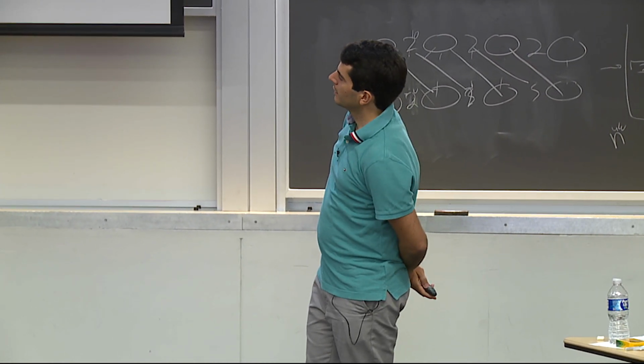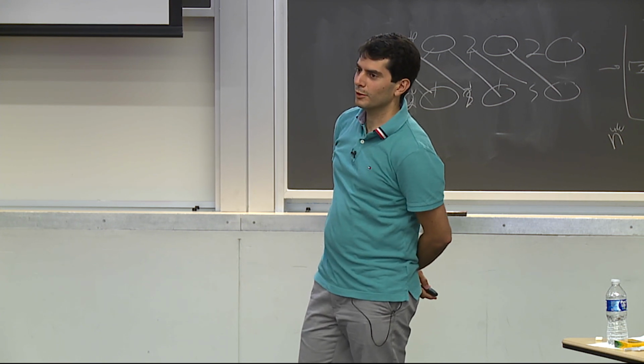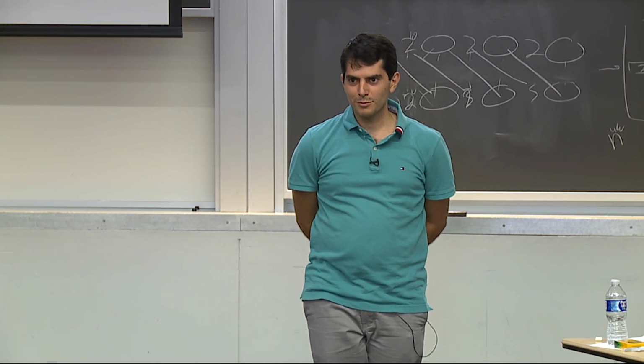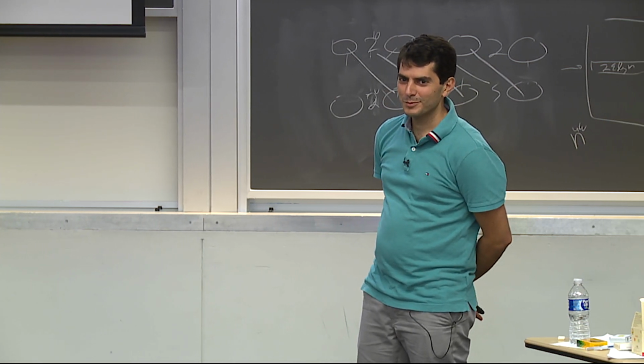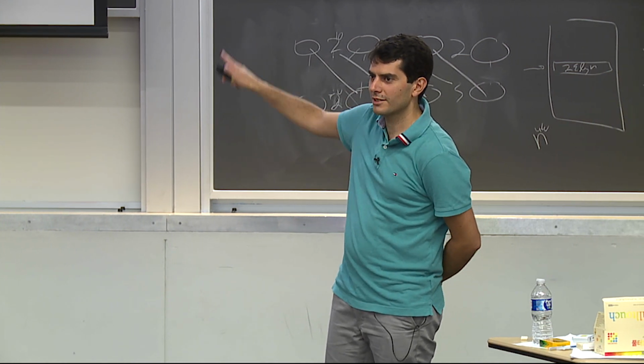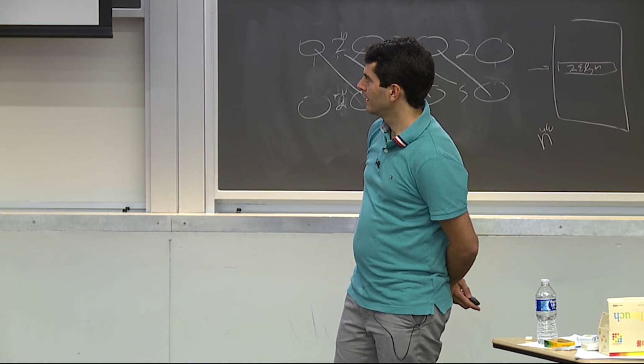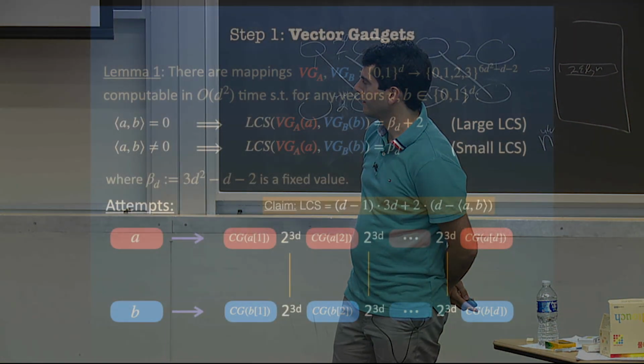And this fix was probably the most clever thing in the Indyk and Backurs paper. So I'm going to show a very simple fix, but conceptually it's very important. So do you see how to fix it?